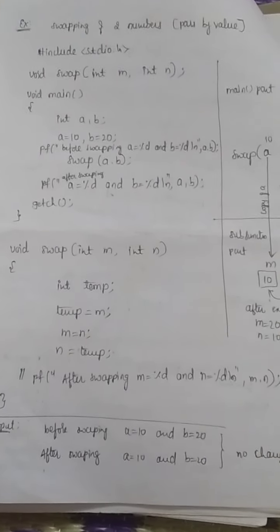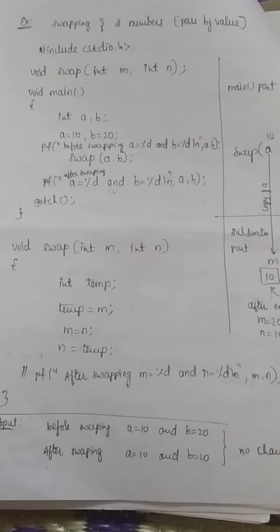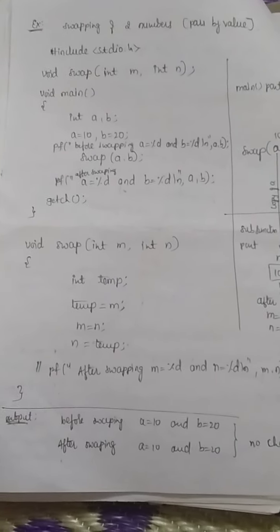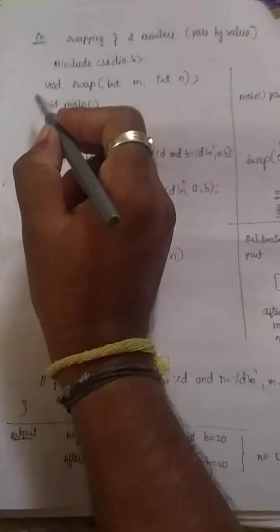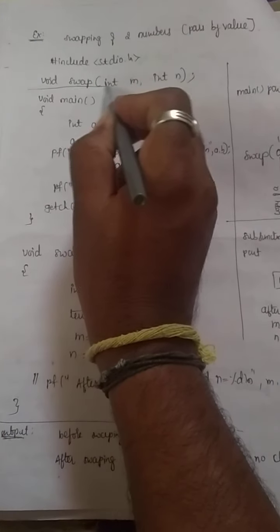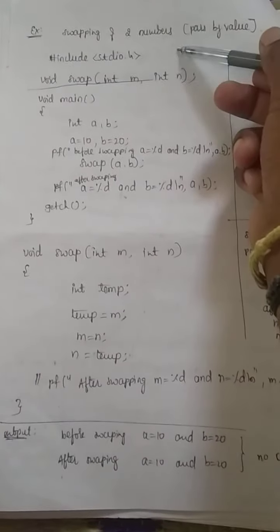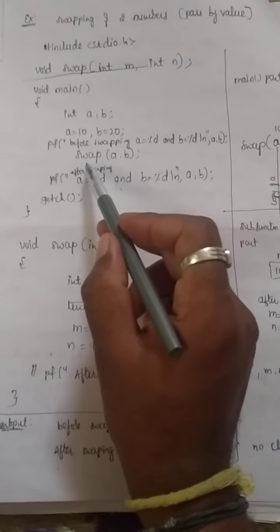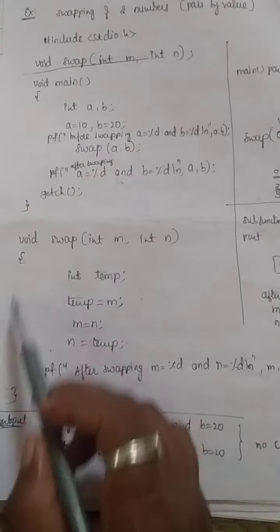So here #include <stdio.h> header file is included. Then according to the function elements, we are dividing our program into three sections. First one function declaration, next one function call, and this one function definition.